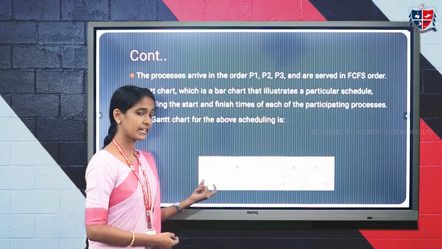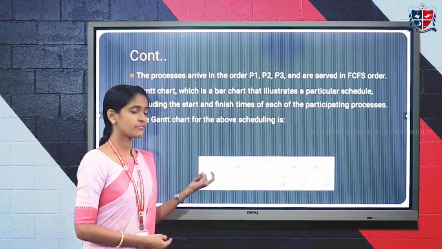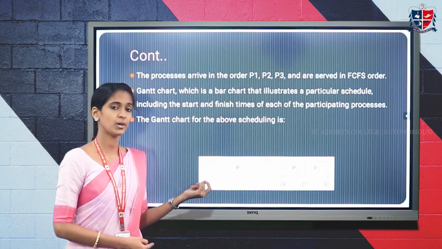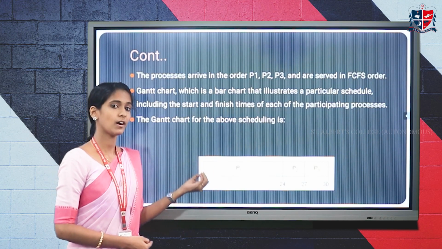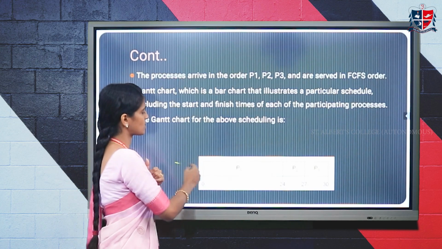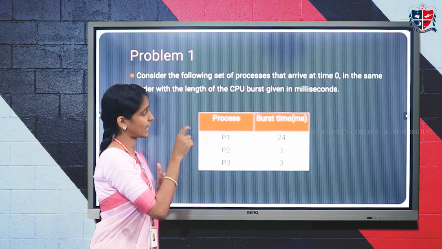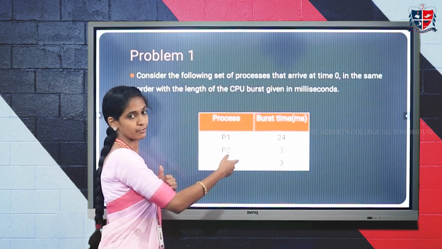So at arrival time 0, all the processes have arrived. In FCFS scheduling, we take the processes for execution in the order in which they came. Since all came at time 0, I choose this order itself for the execution.